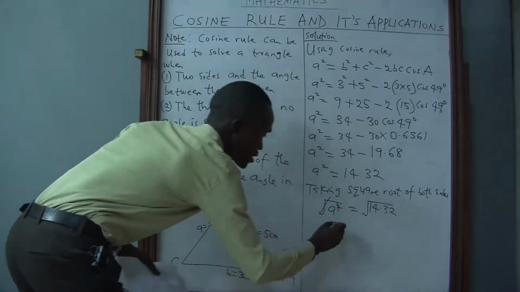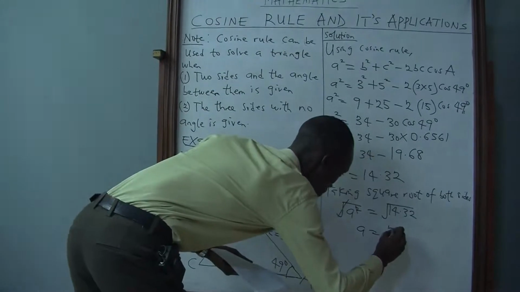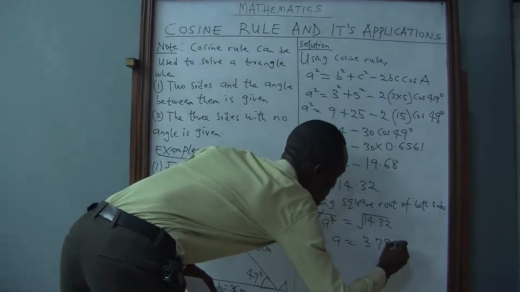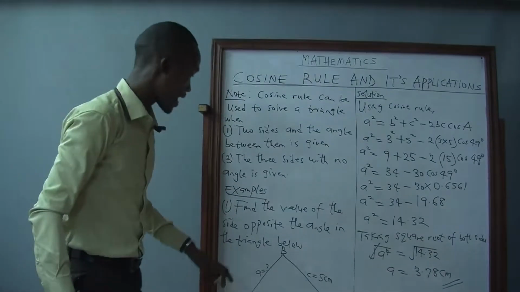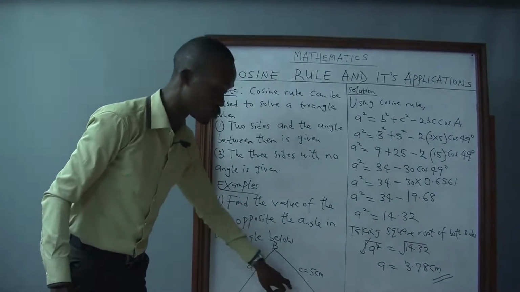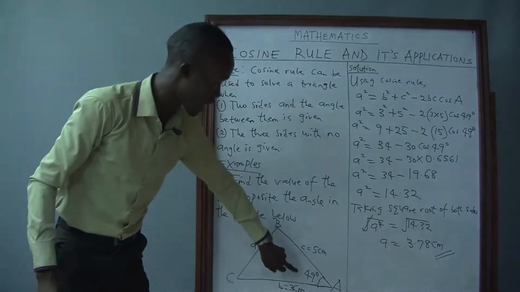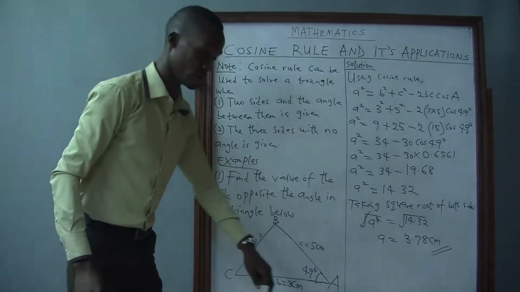We cancel square root, then a will give us 3.78 centimeters from the calculator. And that gives the side that we are to calculate, which is the side facing the angle that we are given.